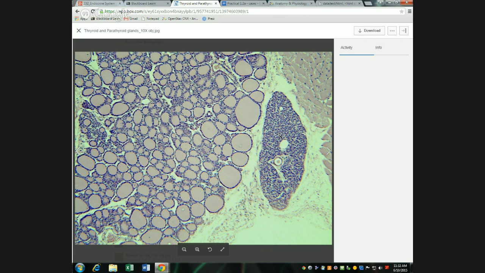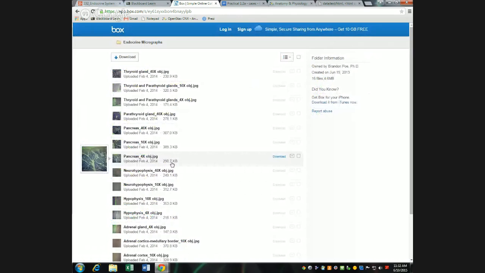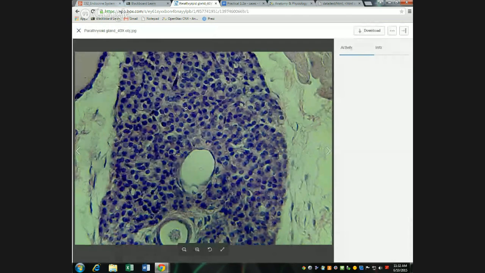If we were to look at, well, actually I do have a parathyroid at 40X objective. So there's parathyroid up close, just straight up glandular tissue. The cells are very small, so it's not really arranged in clusters like we saw in the pituitary gland, because the hormone doesn't have to diffuse very far to get to blood vessels passing through the tissue.